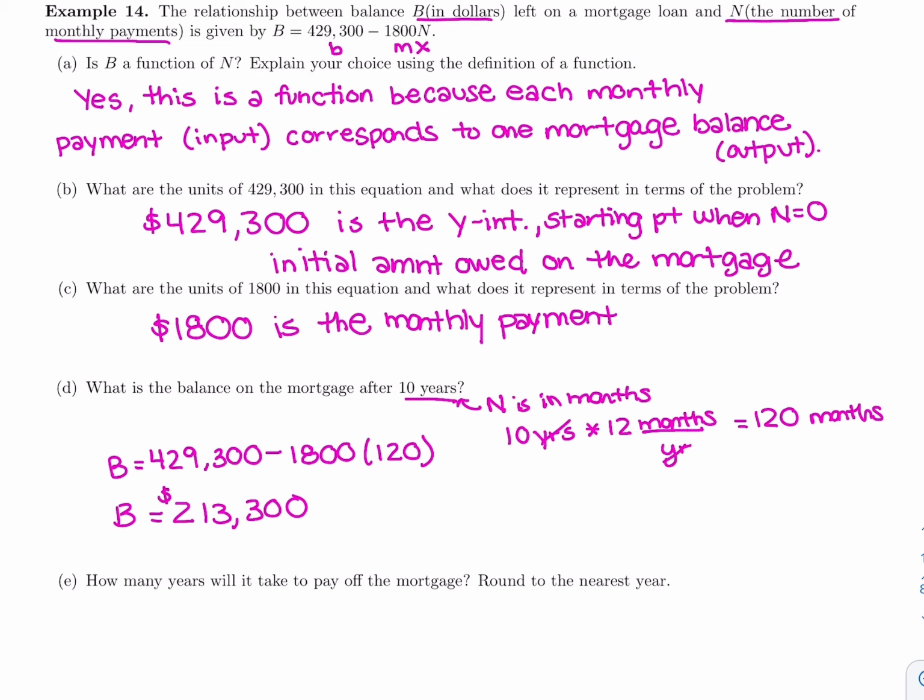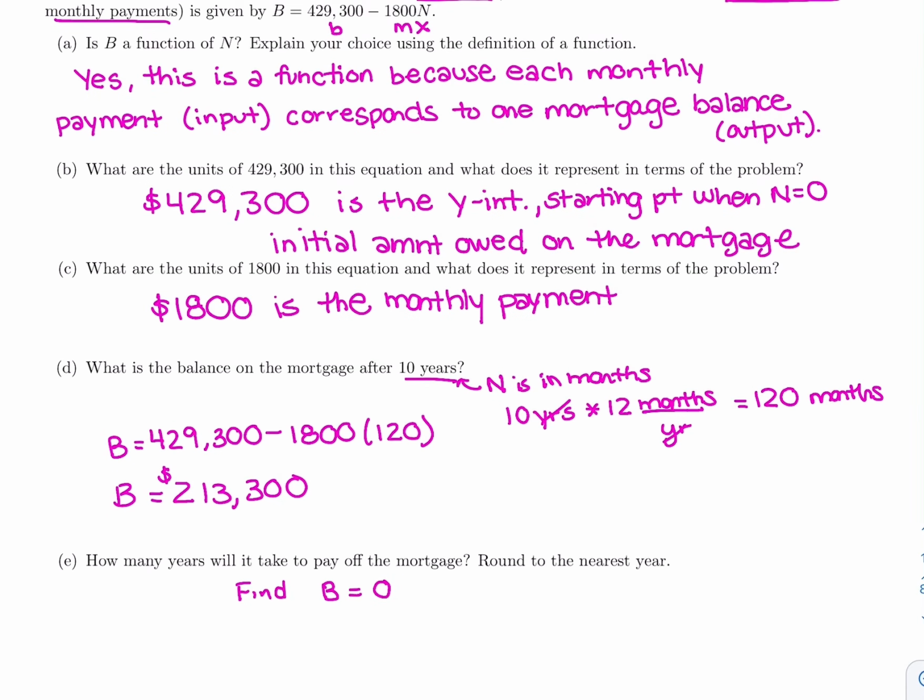So then the next question becomes, well, how many years is it going to take to pay off the mortgage? So we want to figure out, we want to find when the balance on the mortgage is 0. When is it going to be paid off? So we're going to take this equation and set it equal to 0.